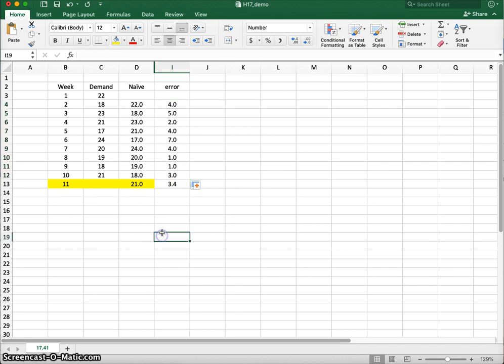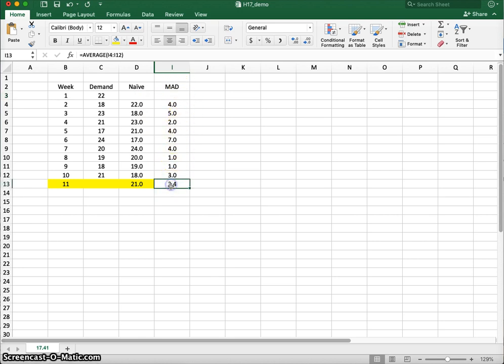All right, so now it shows that on average, my forecast is 3.4 units off. Okay, and we call that MAD, or mean absolute deviation. So basically, a mean absolute deviation is just what's the average error.